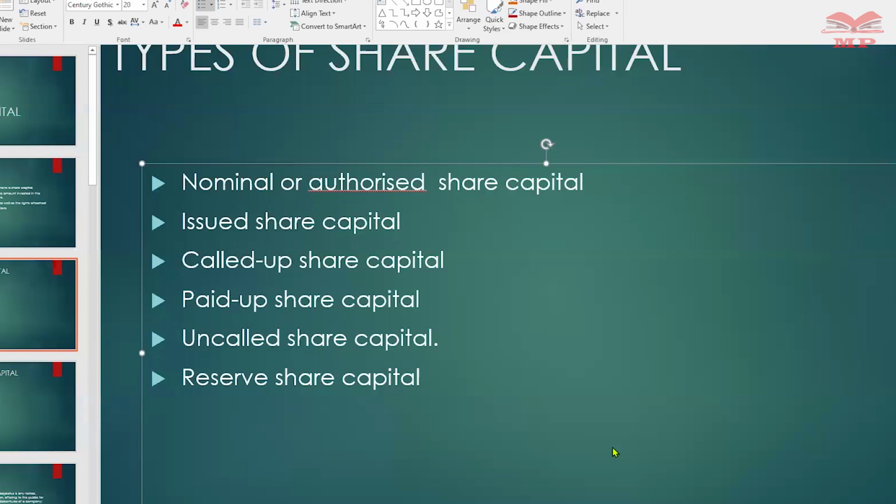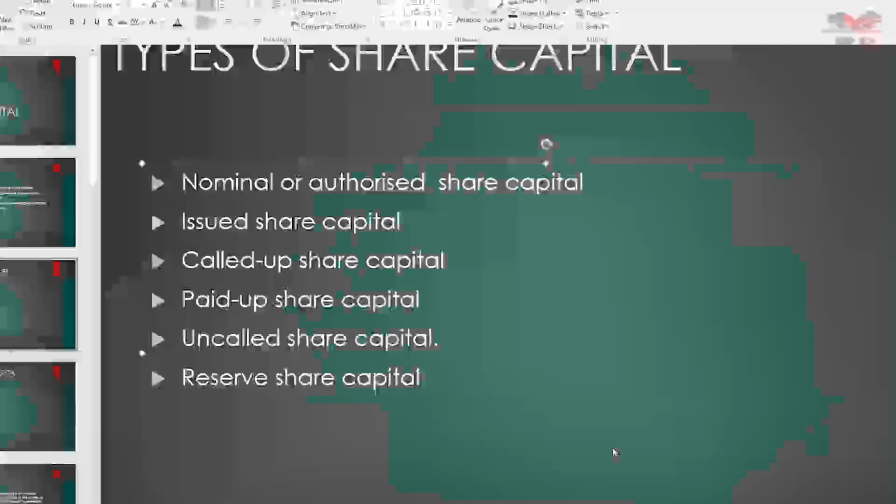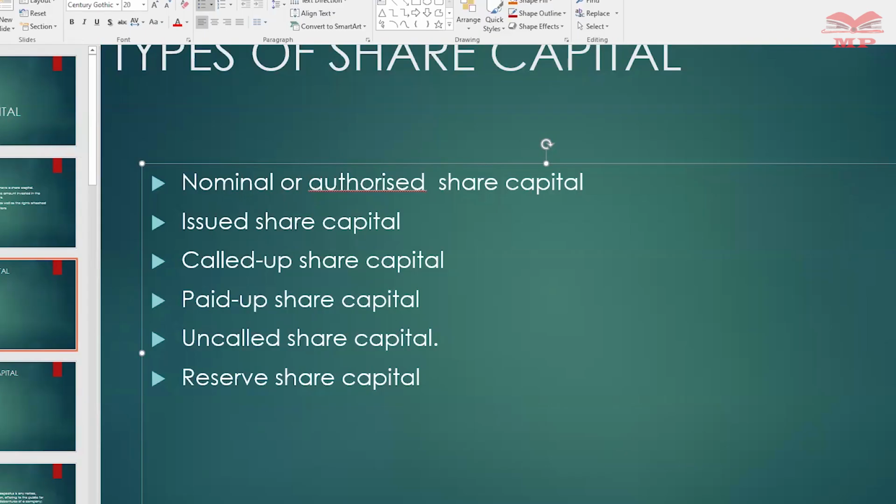The reserve share capital is known as a reserve liability, and it is specifically for this uncalled share capital. It's a guarantee, and it is removed from the directors' control. It forms a booster, so to speak, a cushion in the event that the company is unable to continue with its operations.